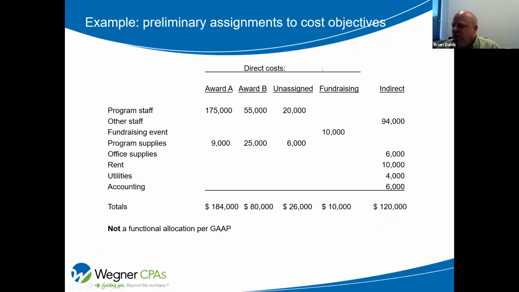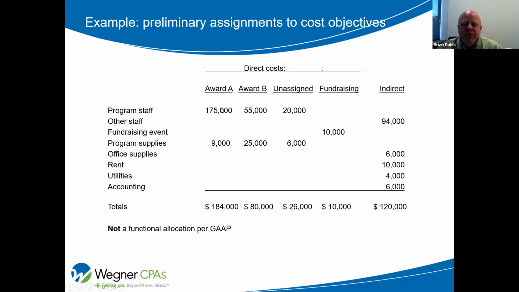So let's move on to some specific examples. Here is how particular costs might be preliminarily assigned either as direct costs to specific awards, or to costs that are unassigned. These are serving the nonprofit's mission, fairly synonymous with program service costs that just haven't been allocated or assigned to a particular award, and fundraising costs.